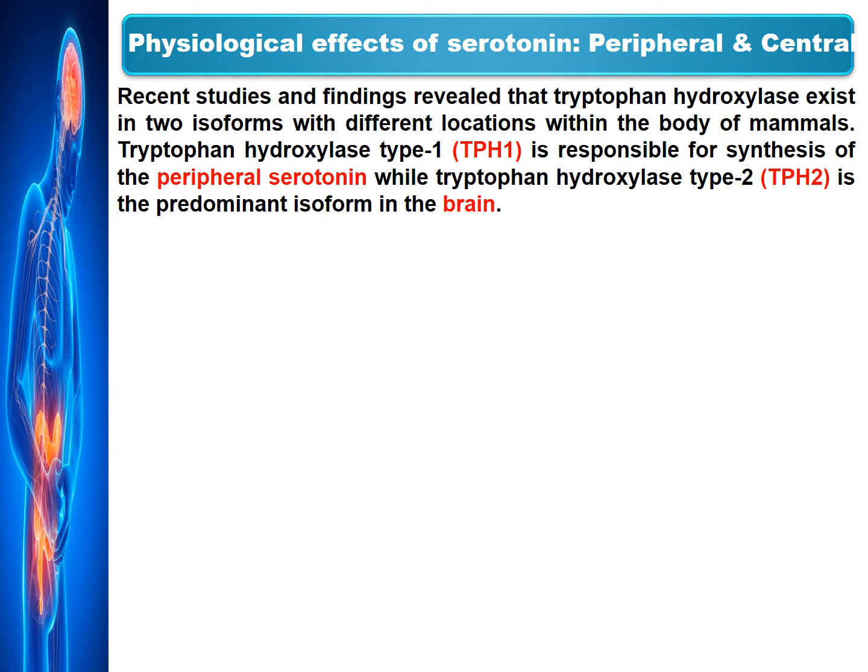Tryptophan hydroxylase type 1, denoted as TPH1, is responsible for the synthesis of peripheral serotonin, while tryptophan hydroxylase type 2, denoted as TPH2, is the predominant isoform in the brain, also called the CNS.